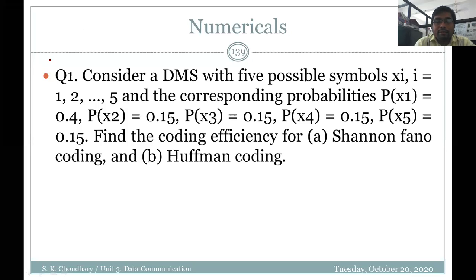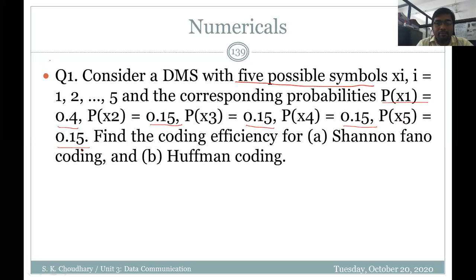Consider a discrete memoryless source with 5 possible symbols xi, where i is equal to 1 to 5, and corresponding probabilities are p of x1 is equal to 0.4, p of x2 is 0.15, p of x3 is 0.15, p of x4 is 0.15, p of x5 is 0.15.